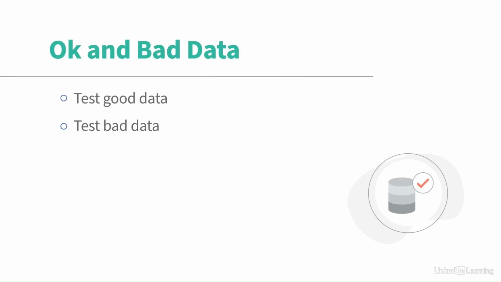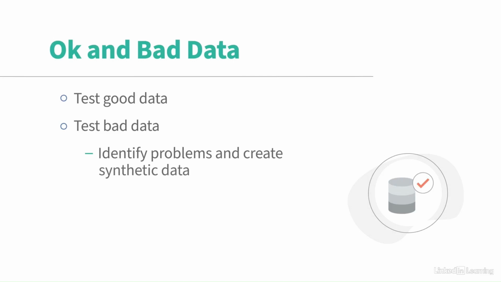Always test both. I know that because in the past, I have to admit, I needed to make some decisions and I only tested the green path because of time. It's not good. So test both, test with okay data and with bad data, because bad data allows you to identify potential problems. And for that, you need to most of the time create synthetic bad data that you think of, okay, what could go wrong?